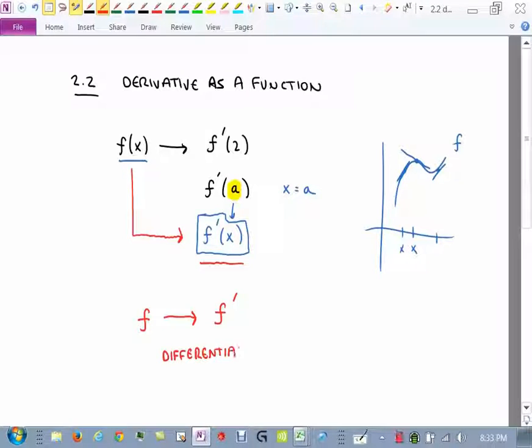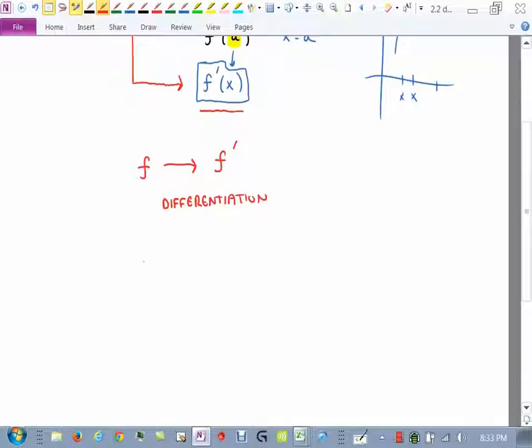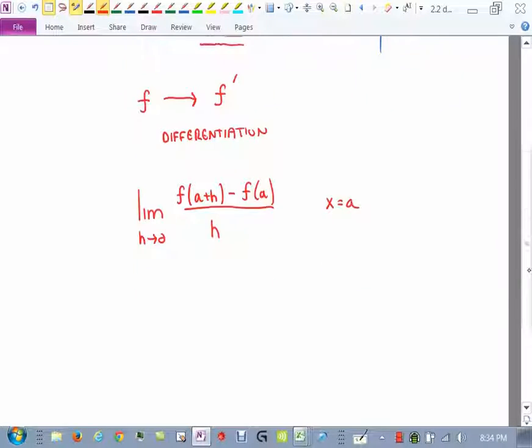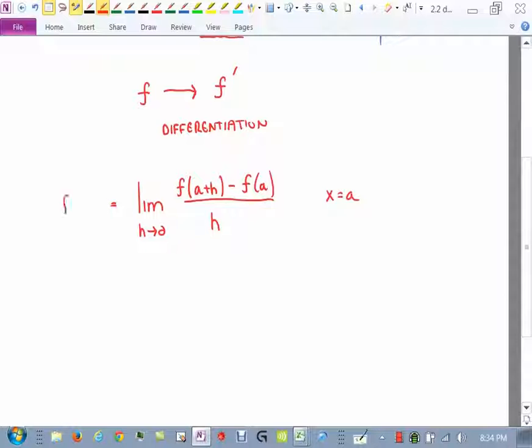So what we can do is take the old formula we had, where we said the limit as h goes to 0 of f of a plus h minus f of a, all over h. Here we were saying, all right, we're going to let x equal a, and that was our definition for the derivative or slope of the tangent line at a. Now what we're going to do instead is just replace those a's with x's.